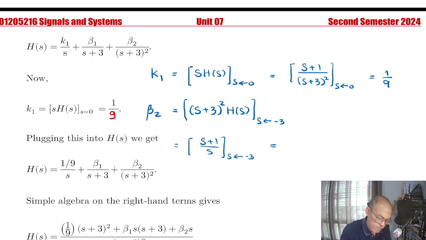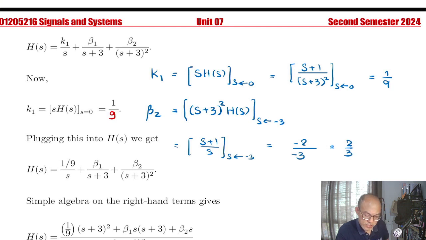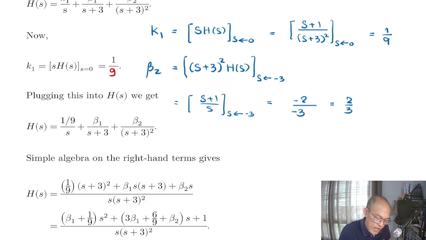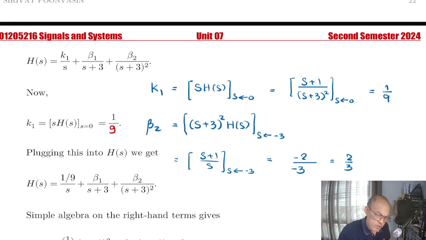So we have minus 2 over minus 3, that is 2/3. So beta 2 is 2/3.